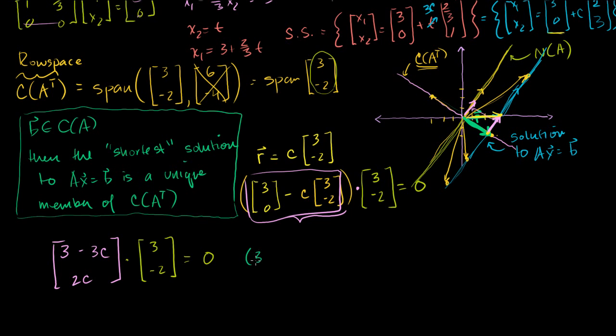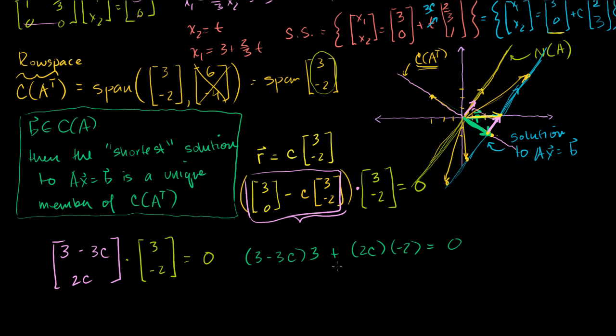So you have 3 minus 3c, the first entry, times the first entry here, 3, plus the second entry, minus 2c, times minus 2, is equal to 0. I was performing that dot product in a strange way. I think I got a little caught off guard by these two terms. But anyway, the first term times the first term plus the second term times the second term. That's what our dot product is. This isn't a matrix. This is just a first and a second term right there.